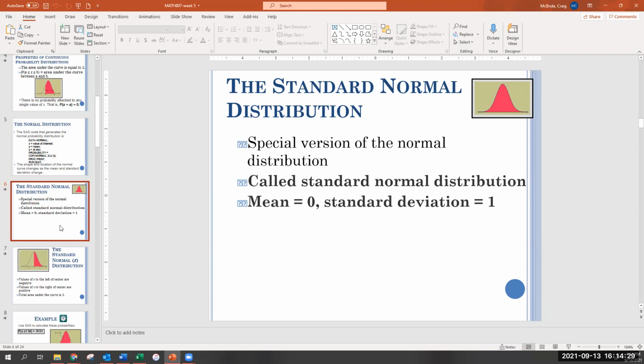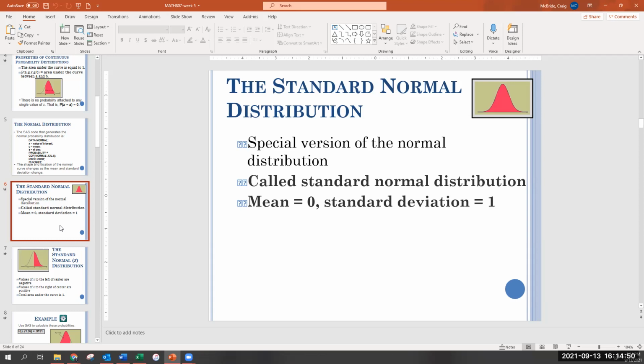And if the z-score comes out to negative 0.3, then it means that data value is exactly 0.3 standard deviations below the mean. That's all a z-score is. It tells you how far a specific piece of data is from the mean in terms of standard deviations.